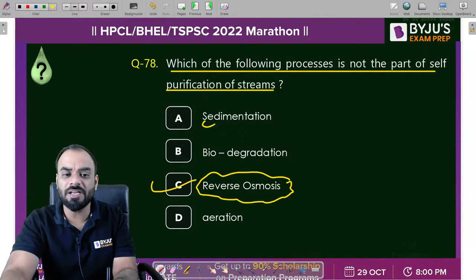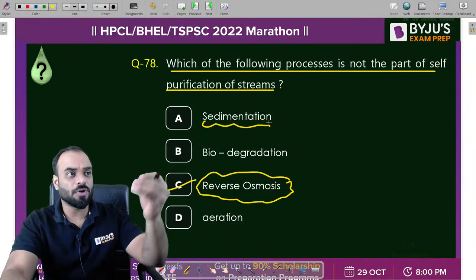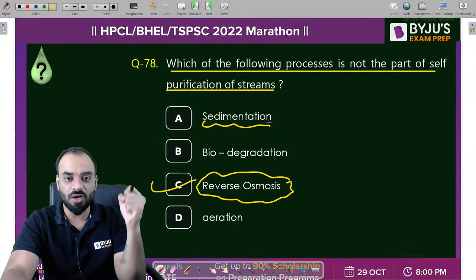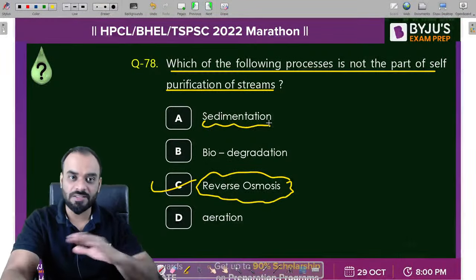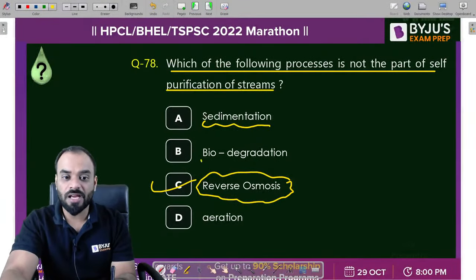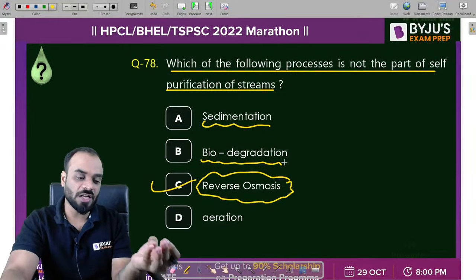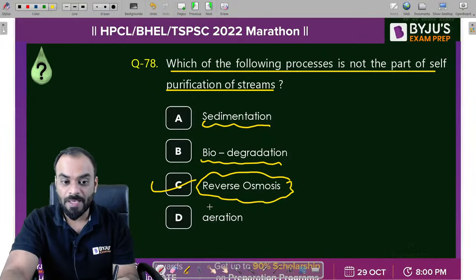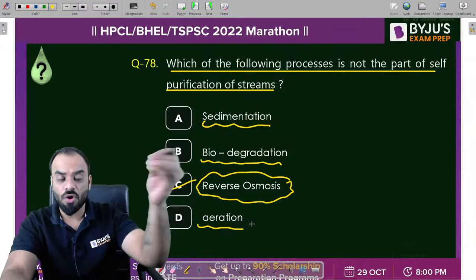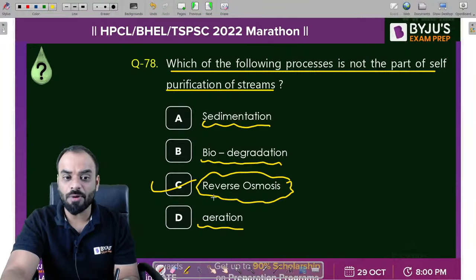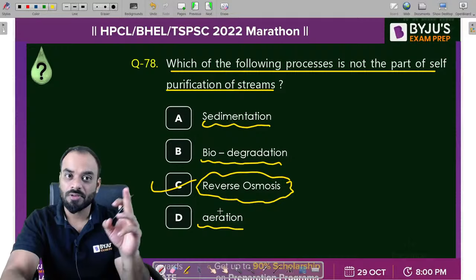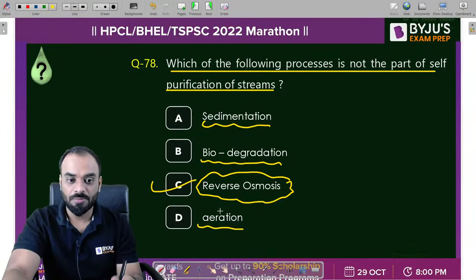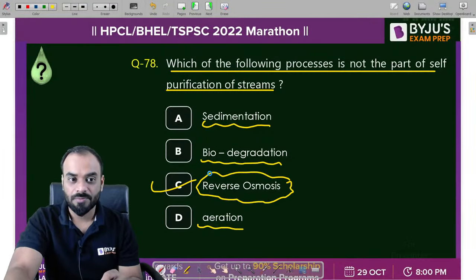We know that sedimentation is a process by which the particles settle down inside the river directly at the level of the bed. Then biodegradation, that means oxidation and reduction of the organic matter. Aeration, which is addition of oxygen into the water. So such three processes are part of self-purification. But C is not part of it.